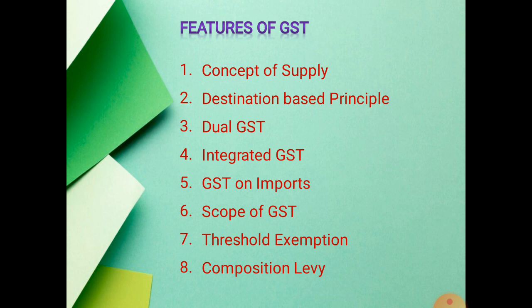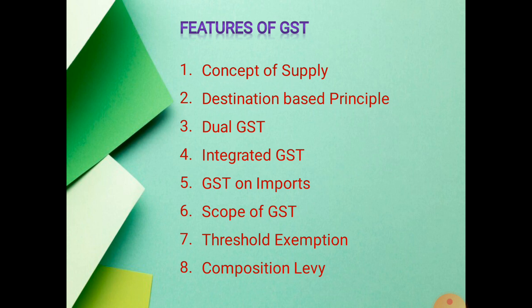GST is a dual GST with the center and state simultaneously levying it on a common base. GST levied by center is called CGST and that levied by state is called SGST. Next, integrated GST.